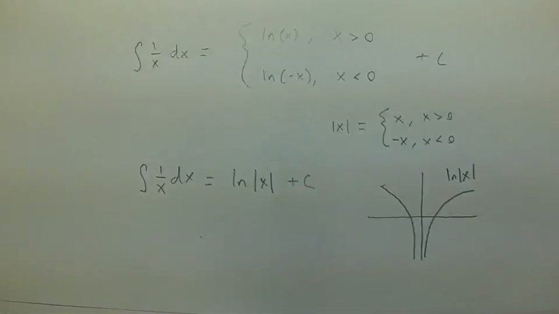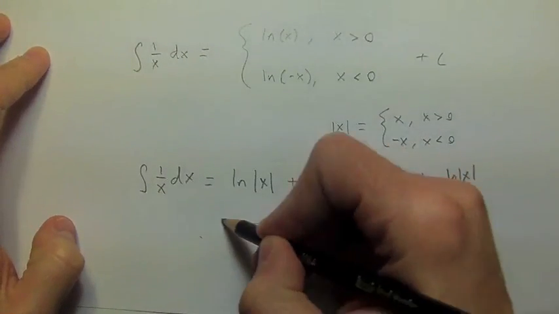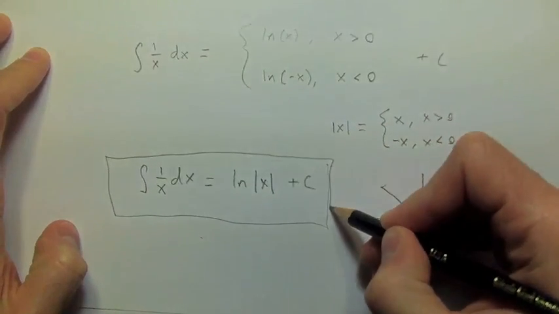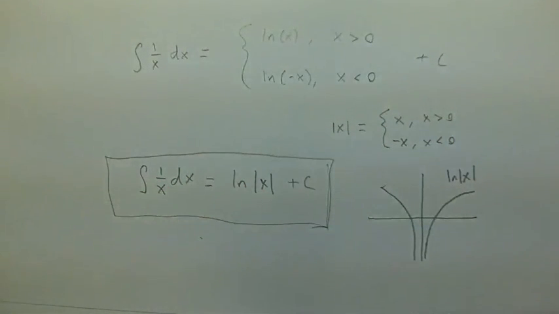And here's a thing a lot of people forget. I see a lot of people forgetting to put that absolute value of x, but you've got to put that there. You want the entire function.